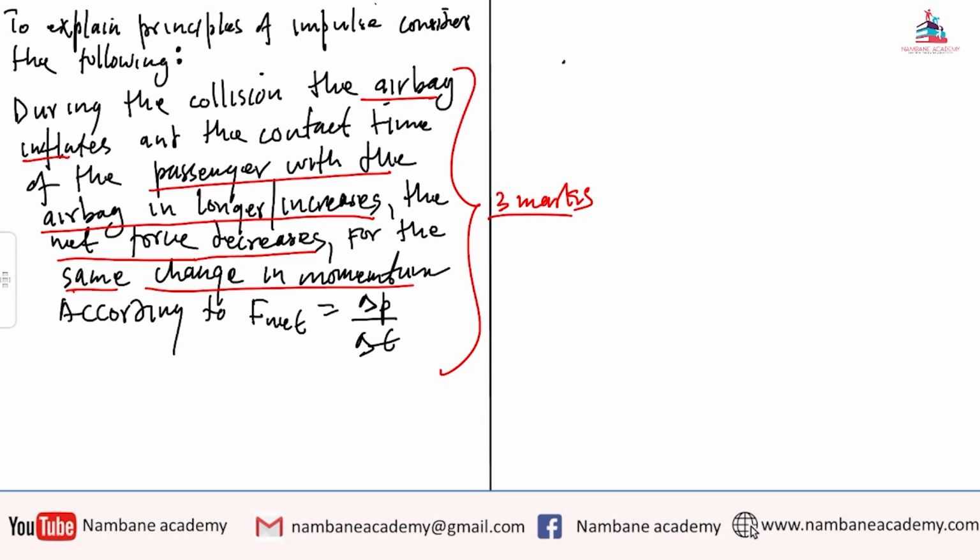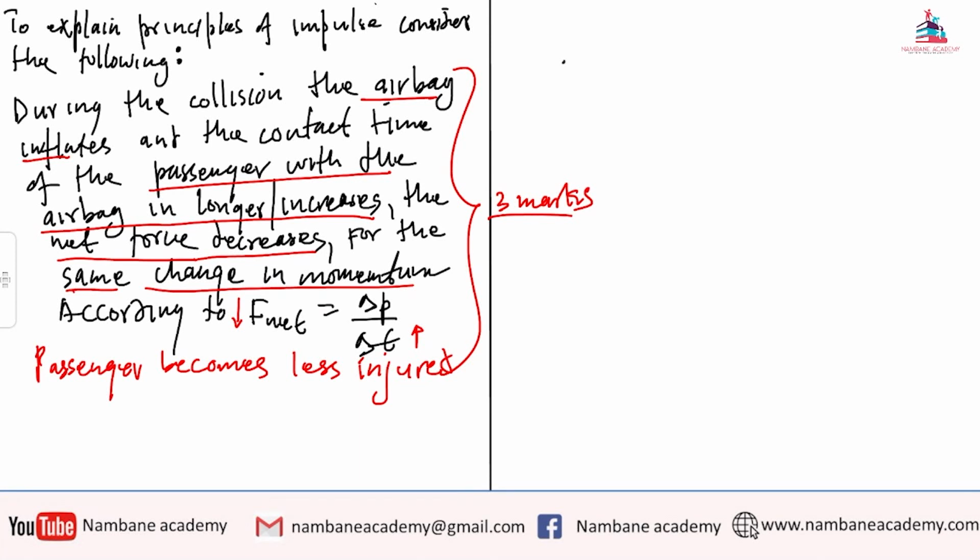So what the airbag does is increase this contact time. Then F net becomes smaller. Then the passenger becomes less injured. Very, very, very important. Less injured.